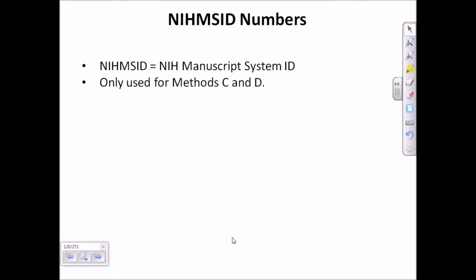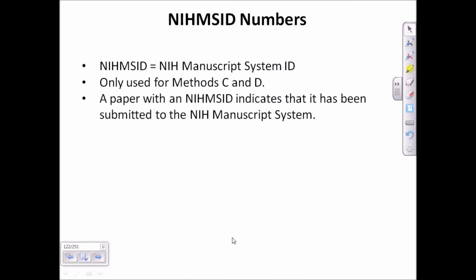Now, the NIHMSID number is a different number. It stands for the NIH Manuscript System ID. It is only used for method C and D. So method A and B papers don't have NIHMSID numbers. Only method C and D papers do. A paper with an NIHMSID number indicates that it has been submitted to the NIH Manuscript System.